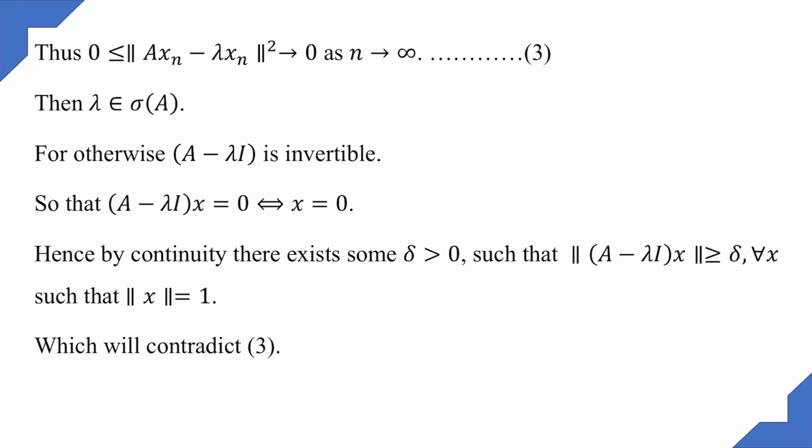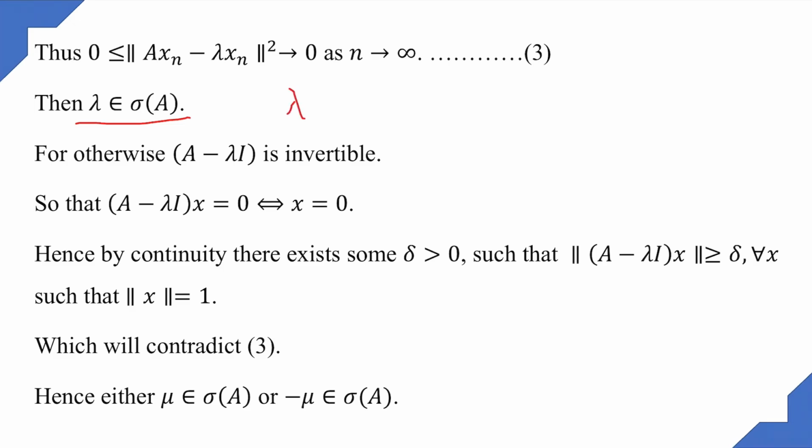But then norm of Axn minus lambda xn cannot converge to 0 as n goes to infinity. So this is a contradiction. Hence lambda must be an element of the spectrum of A.